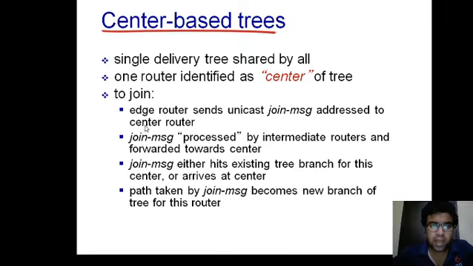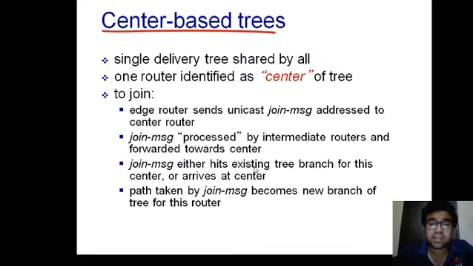To join, edge routers which have the group or multicast members send a unicast join message addressed to the center router. The join message is processed by intermediate routers and forwarded towards the center. The join message either hits an existing tree branch for this center or arrives at the center.